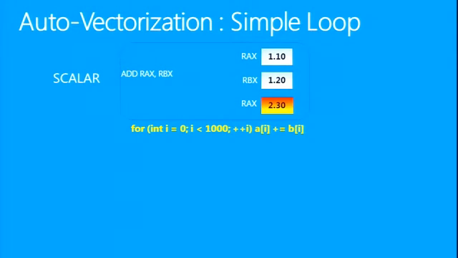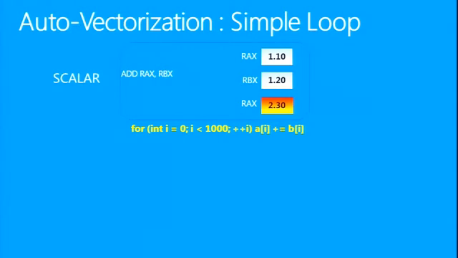So prior to Visual Studio 11, this is what the compiler would have generated for code to execute that loop. It would have loaded, let's say on the first iteration where I is equal to 0, the value of A of 0 into one of the scalar registers. That's the ones in the middle of the previous diagram. So in this case, we might have had that A of 0 holds the value 1.1.